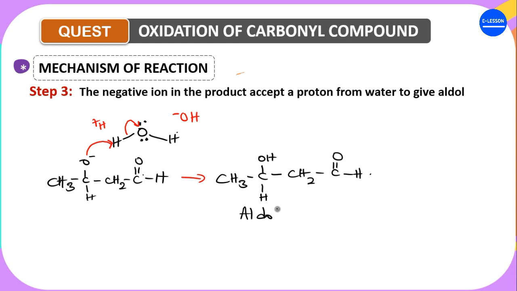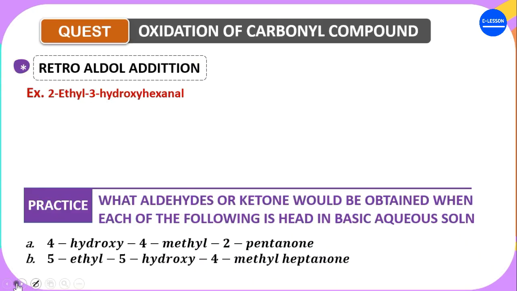Are you getting it now? This is what is called the aldol, because it contains the aldehyde and the alcohol functional groups. Now, what do you think is the name of this aldol?